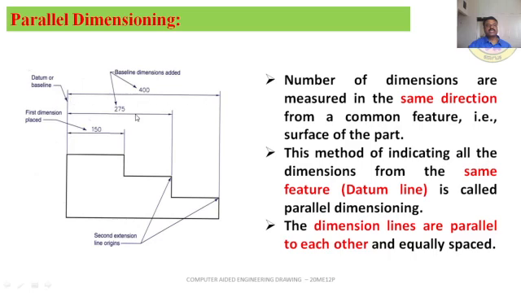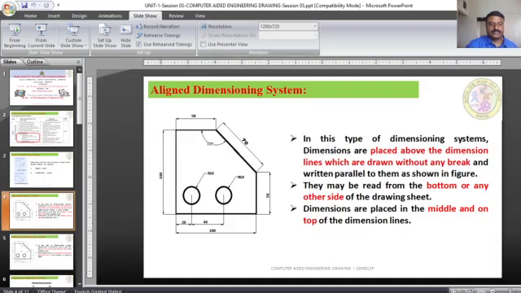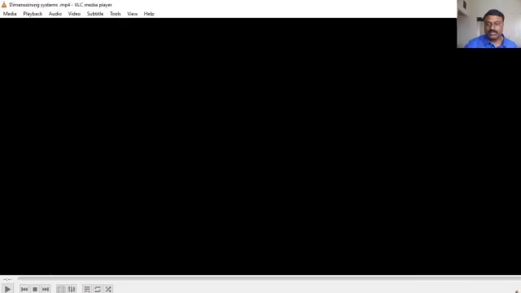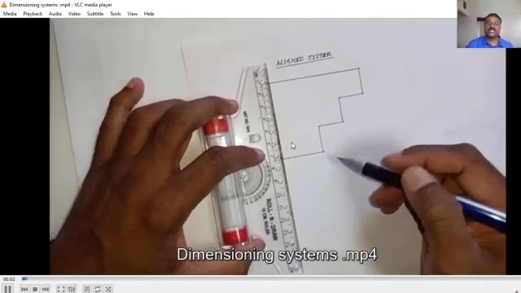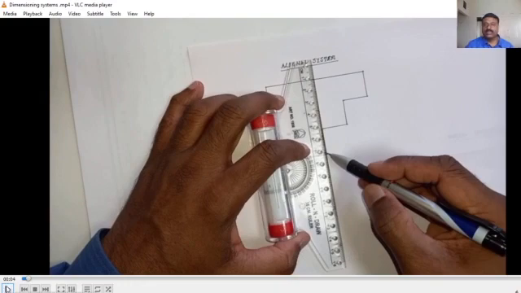Similarly, the next dimension is made parallel to the previous one, so the dimension is shown from the datum line only. Now I will show a demo of how to do this on an A4 sheet using rotoscale and micro tip pencil.